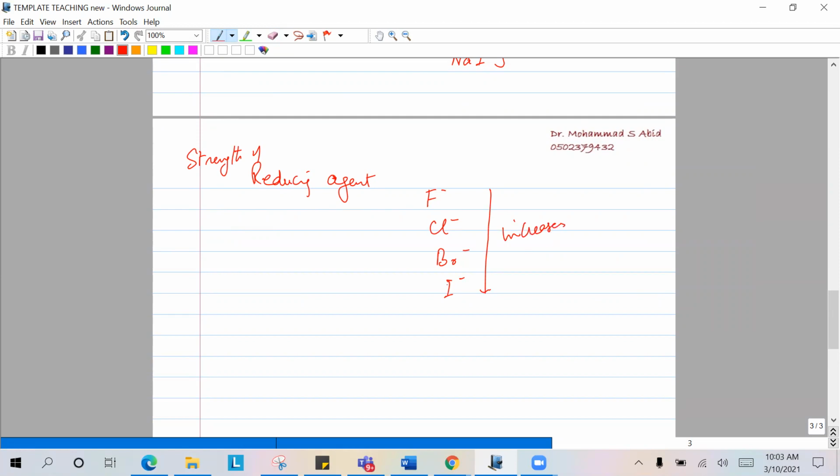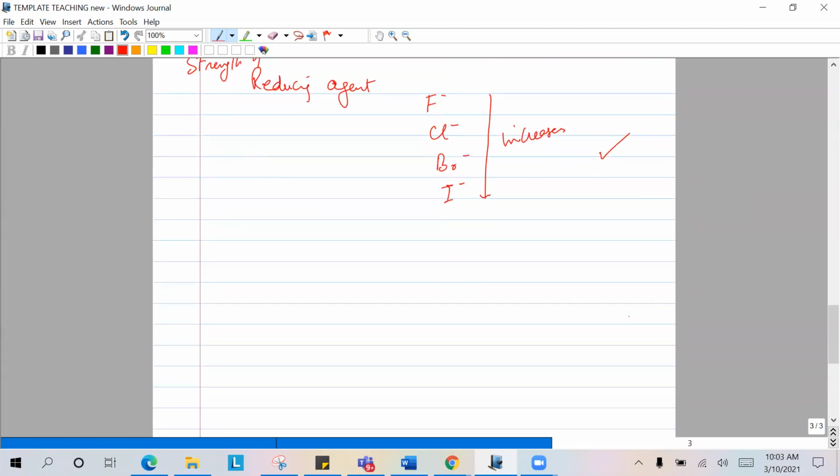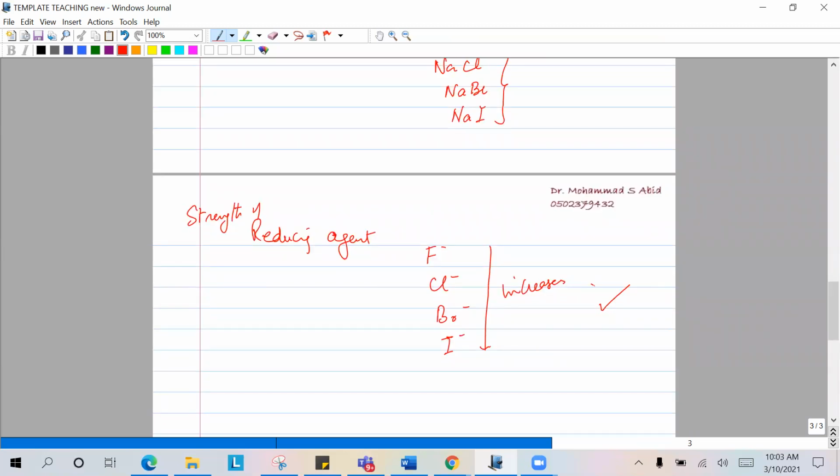So keep this in mind, because we will need this concept. This reaction is an application of the reducing strength of the halides. Remember, these are all halides, not halogens. These are all halides because they are the ions.